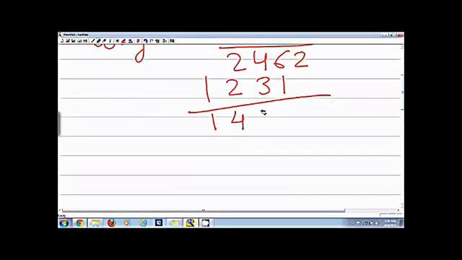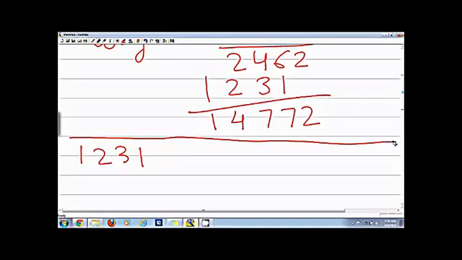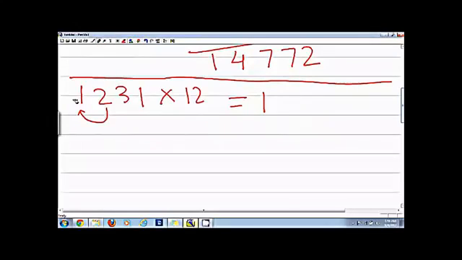And then the sum is 1, 4, 7, 7, 2. Now if I look at the problem again, I say 1, 2, 3, 1, and now I will use my own way, so I will multiply it by 12. In this case I'll first write 1 and then add 2 into 1, but instead of adding it one time, I will add it two times.